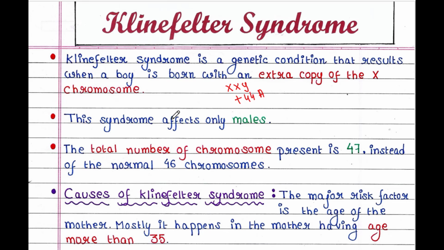And this syndrome affects only males. The total number of chromosomes present is 47 instead of the normal 46 chromosomes. So we normal people have 46 chromosomes in each cell. They have 47. So what are the causes of Klinefelter syndrome?